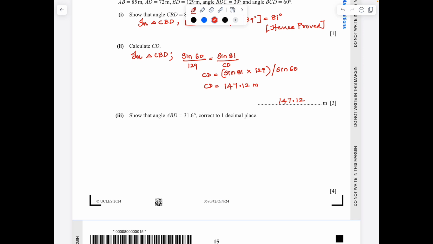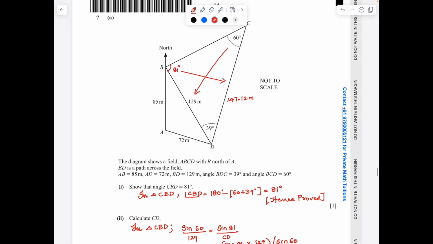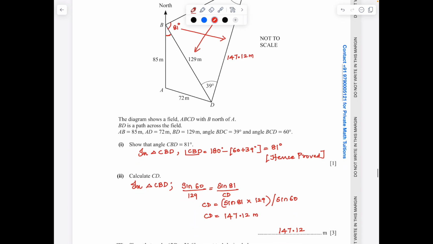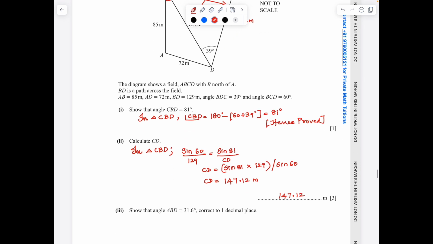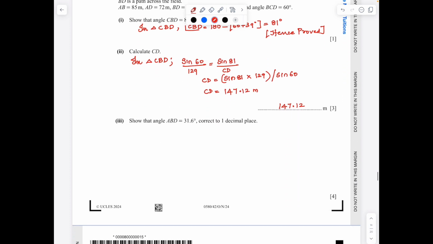Then subdivision 3. Show that the angle ABD is equal to 31.6. So now they are asking for ABD. In triangle ABD, we have the quantities 85 and 72, and 129 also. So let's apply the cosine rule.